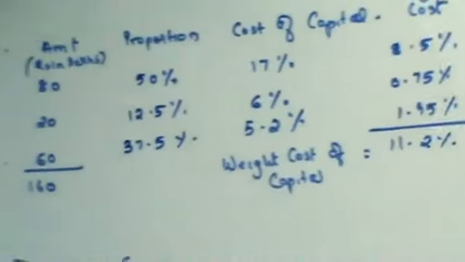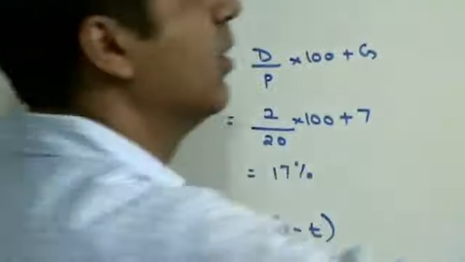Now let's see the third part of the question. They are saying compute the cost of capital if the growth rate increases to 12%. So whatever are my new sources, they are saying that calculate the cost of capital assuming the new sources. So sources are going to be equity, 6% preference, 8% debentures and 10% debentures.